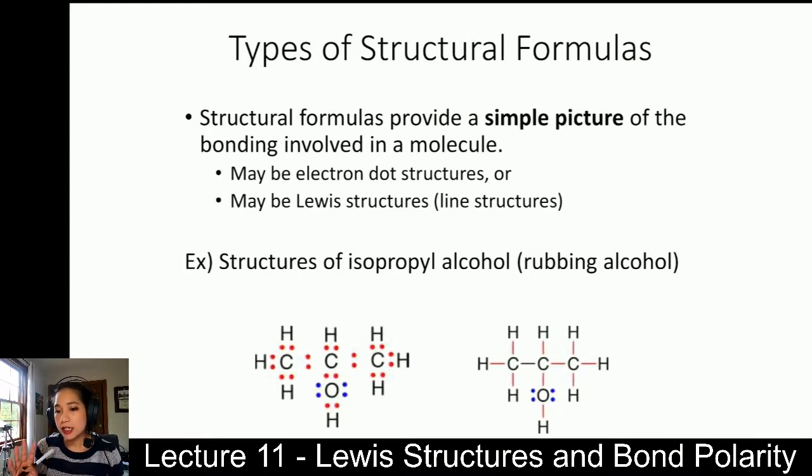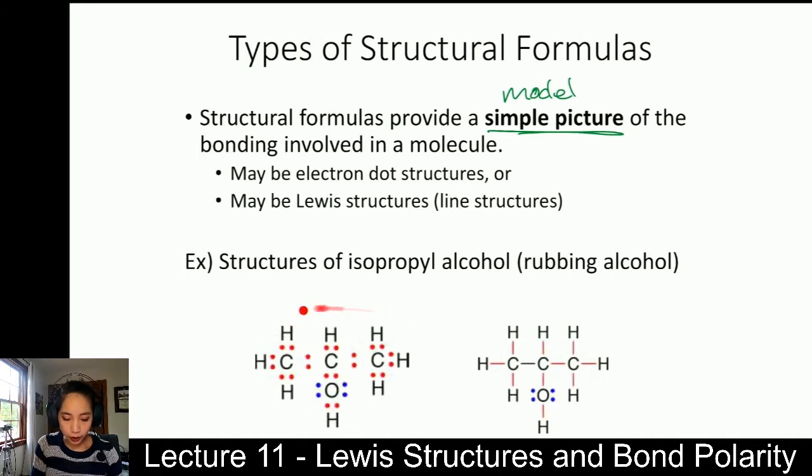So there are different types of structures that we can depict, or you can think of models. There are different models that we have to depict how molecules are formed. So we have this simple picture, or you can think of a model to describe the bonding involved in a molecule. So you can either use just electron dot structures and start to put those atoms together, all right, and put them near one another.